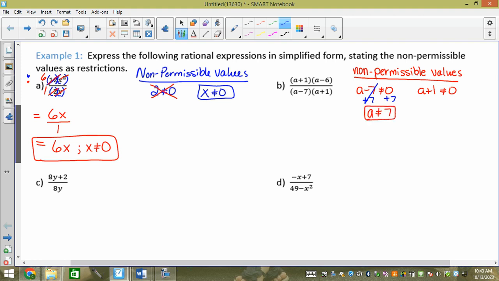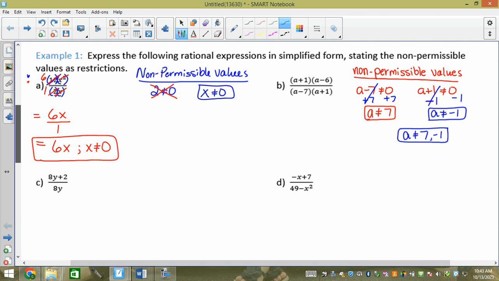What do I have to do to this one? Minus 1. So a can't equal negative 1. And then we write them together. So a can't equal 7, comma, negative 1.